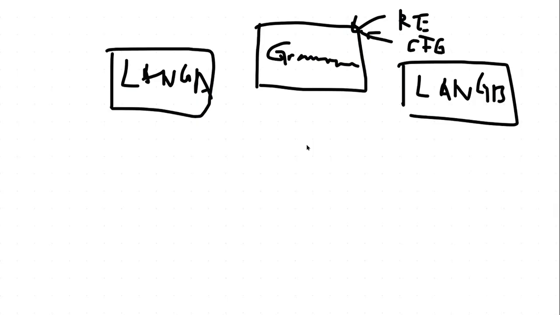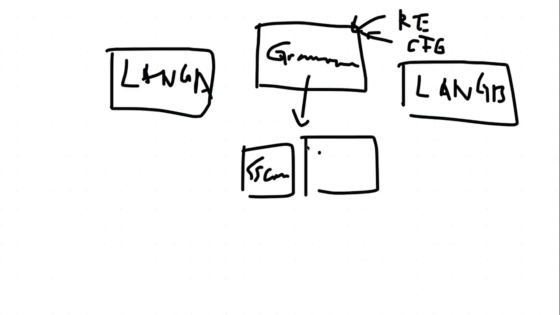Based on that, you will design your scanner and your parser. Then your language gets translated. So you translate from language A to language B using the scanner and the parser. This is a language translation process.